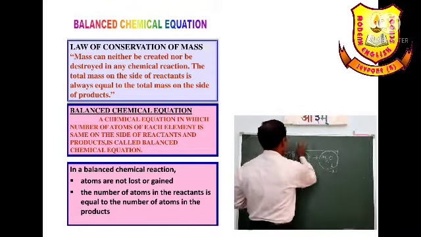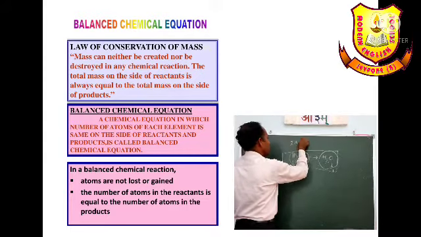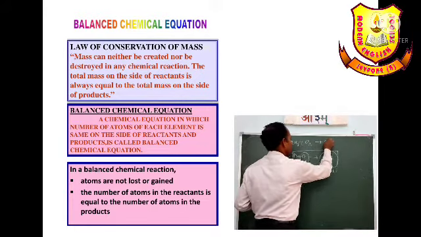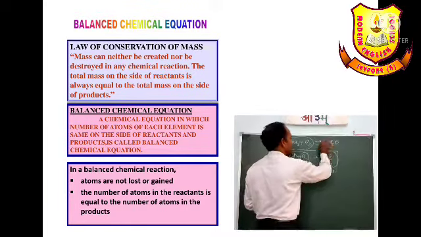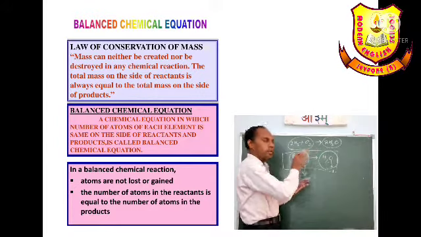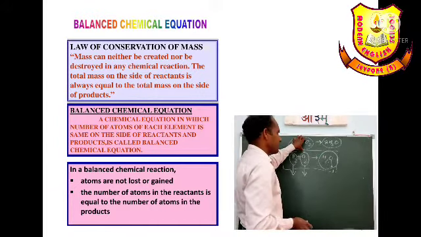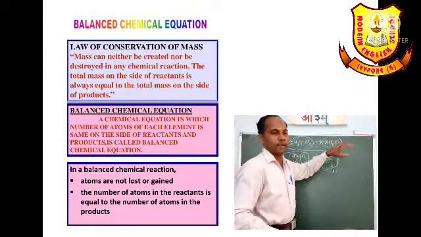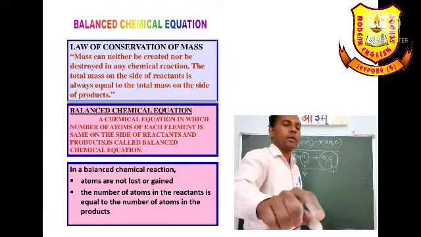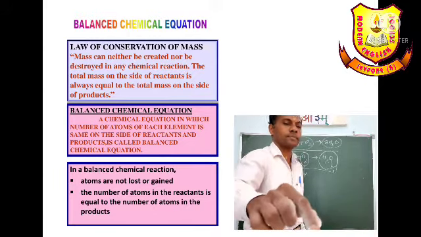But when it is balanced, like 2H2 plus O2 produces 2H2O, now the mass of this one is equal to the mass of this one. So before the reaction, the total mass of the reactant is equal to the total mass of the product after the reaction. This is the law of conservation of mass.